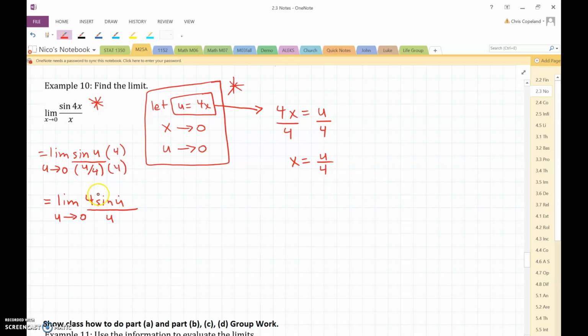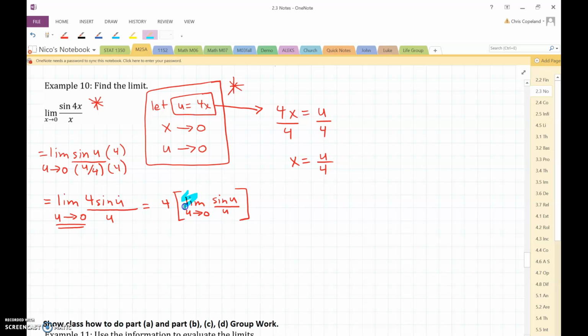And then this 4 here, since it's a constant, it doesn't really matter what u is approaching. That's going to stay 4. So I can factor the 4 out in front of the limit. So I have the limit of sine of u over u as u approaches 0.